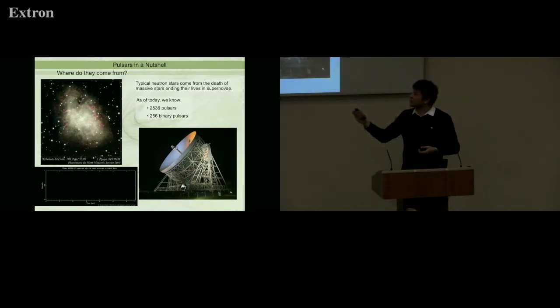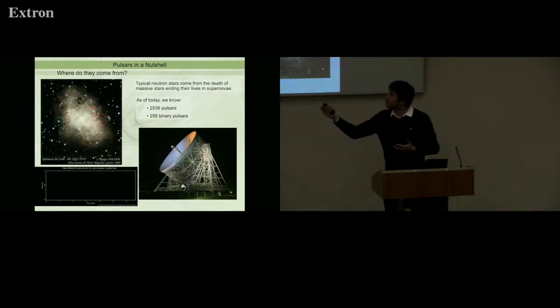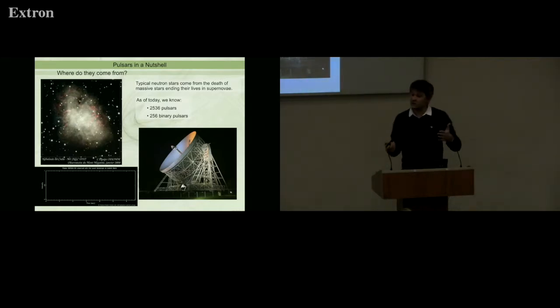If you look at images of this little cloud over time, you will see that it expands at a rate consistent with all this gas having been in one clump at the center 1,000 years ago, which fits with observations of Chinese astronomers who did see that star exploding.